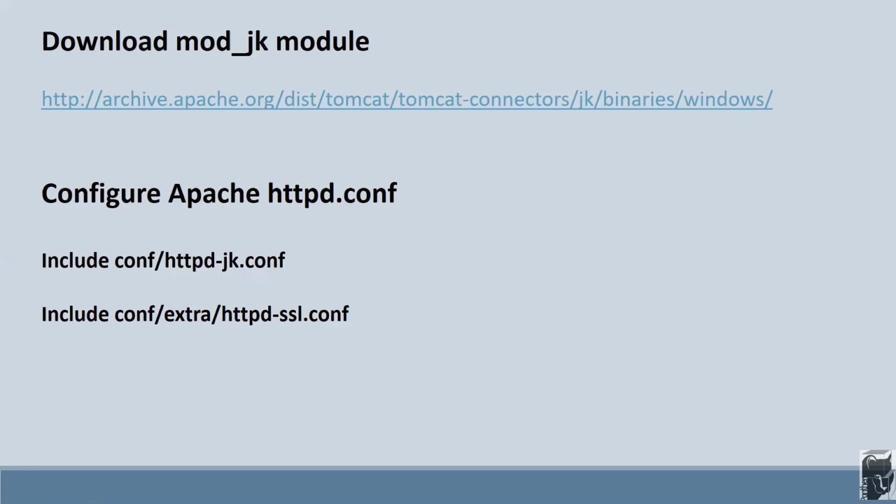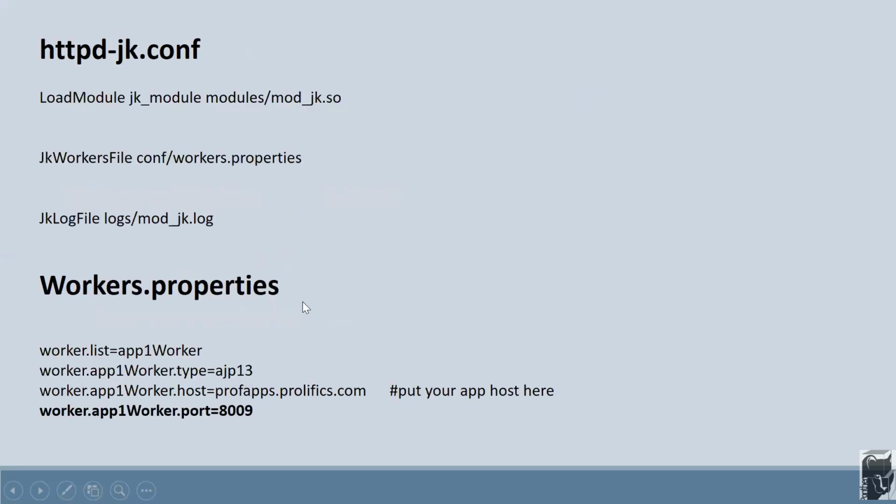So let's move on to the httpd-jk.conf file. In this file, we need to load this module which we have downloaded, the mod_jk.so file. So we define a LoadModule here for this mod_jk.so module. And then we reference the workers.properties file here. And you can also define a separate log for mod_jk here. So now let's look into this file, how it looks.